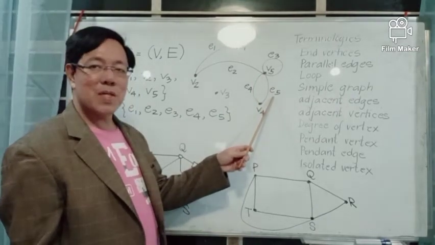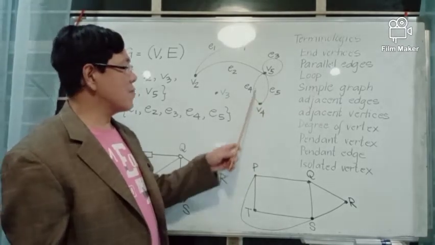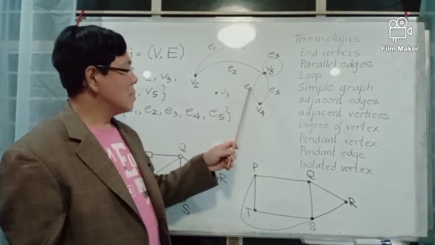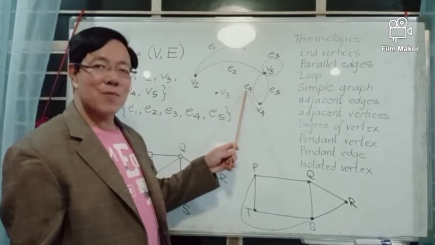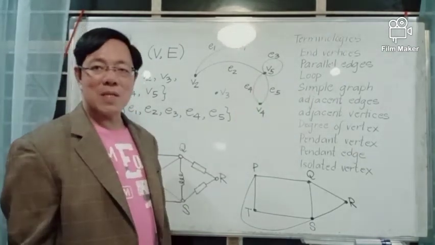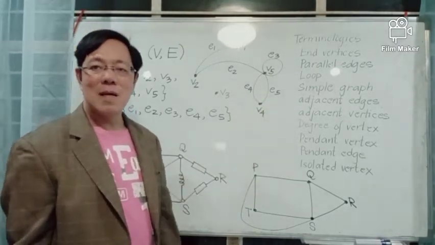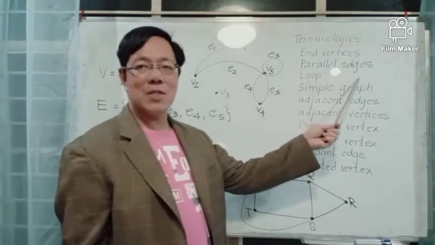The end vertices of edge E5 are vertices B4 and B5. Hence, edges E4 and E5 have the same end vertices, therefore edges E4 and E5 are parallel edges.